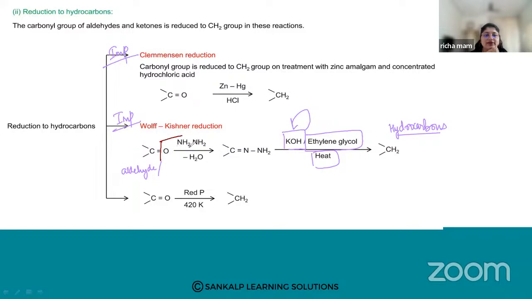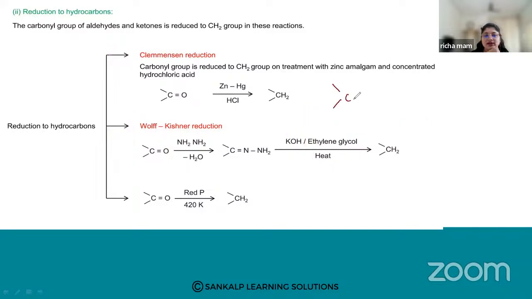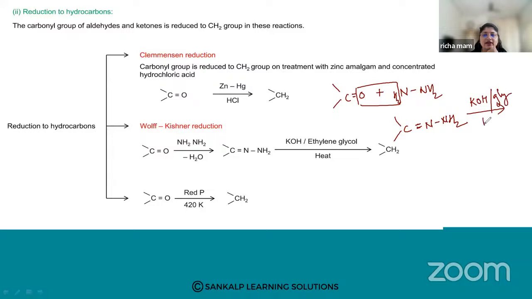The carbonyl group plus H2N-NH2 forms a double bond to N-NH2, so it forms the hydrazone. This is then treated with potassium hydroxide in ethylene glycol and heated to give CH2, a hydrocarbon.